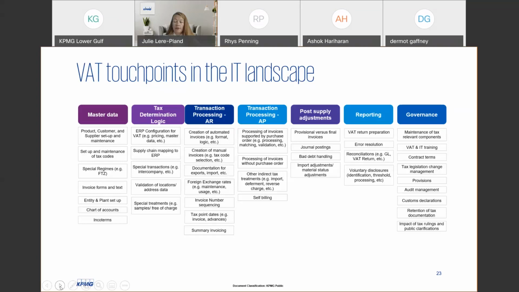So make sure that you also look into your customer and supplier master data to make sure that it's up to date. And one final note that I want to make in terms of complexity that your businesses will have in terms of recovery.